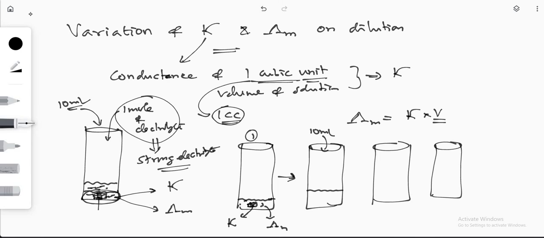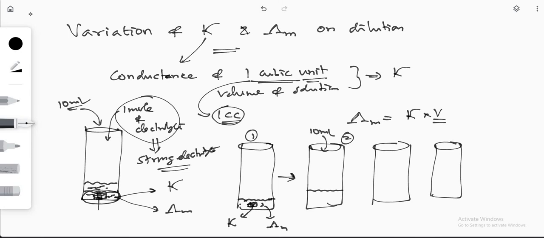In the first case, if I add 10 ml of water in the same vessel, what will happen? Volume will increase. See the second position, where volume is very high, but the number of ions remains the same. What happened here is, listen, the ions get spread out and occupy the entire volume.